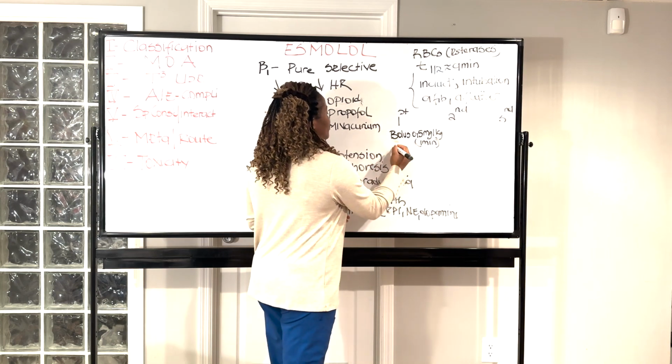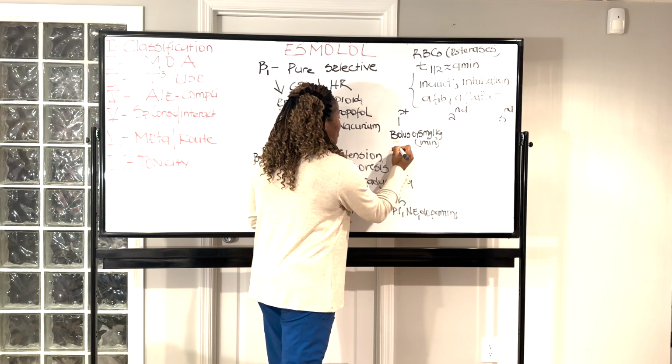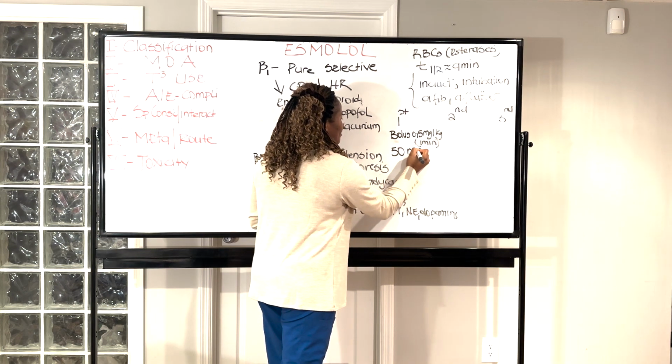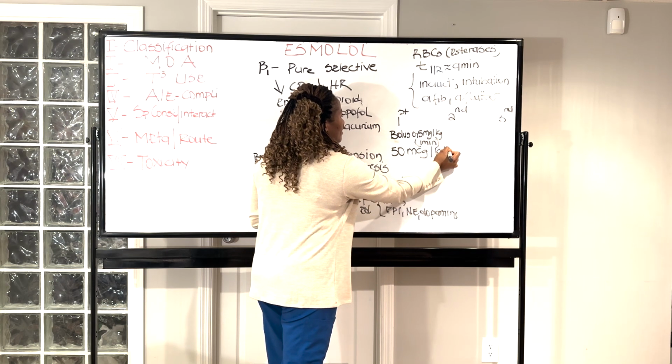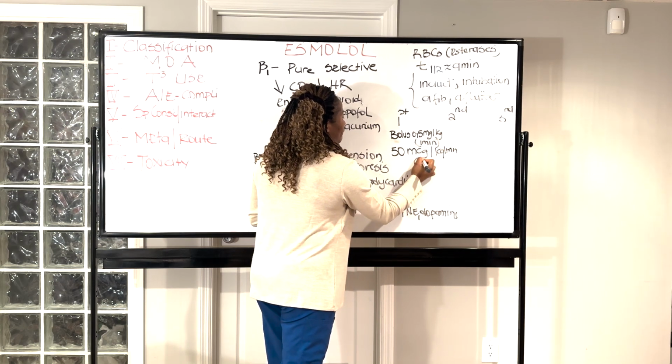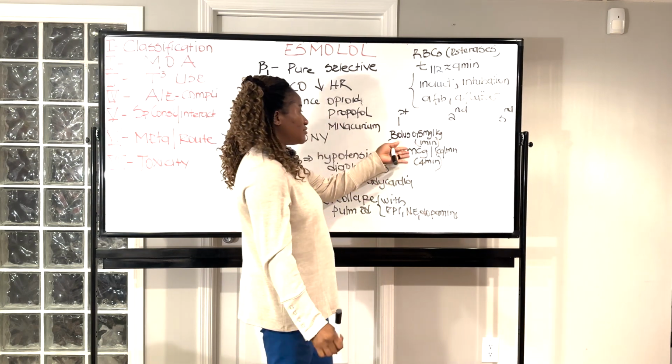Then you're going to give 4 minutes of continuous infusion of 50 mics, no longer milligram, 50 mics per kg per minute, and this makes your first 5 minutes.